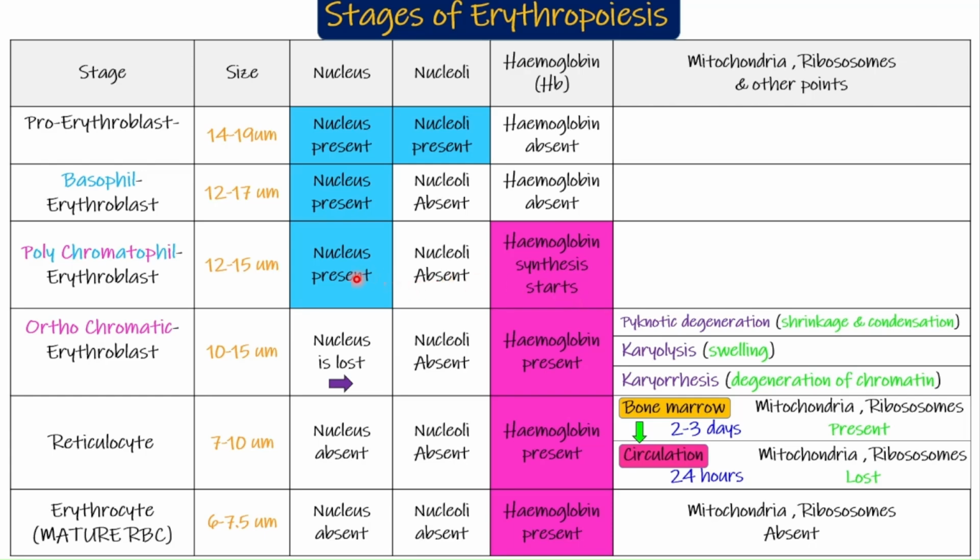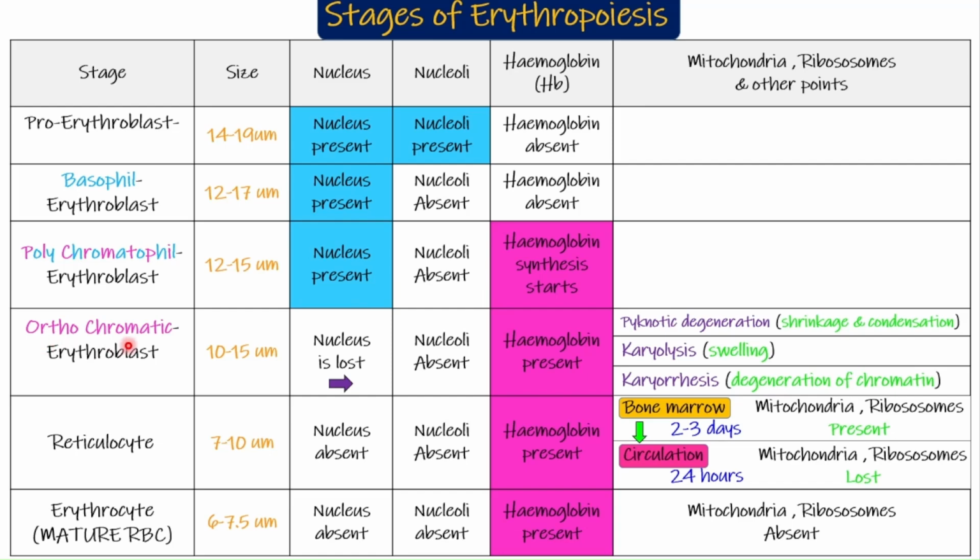As this stage is stained by more than one color, its name is polychromatophil. Chromatophil is from the term chrome, and chrome is from colors. So it's polycolor, the stage having polycolors. The stage which is stained by polycolors is known as polychromatophil erythroblast, because nucleus is stained by basophil in this, and hemoglobin is stained by eosinophil in this. And in this stage, both the nucleus and the hemoglobin are present.